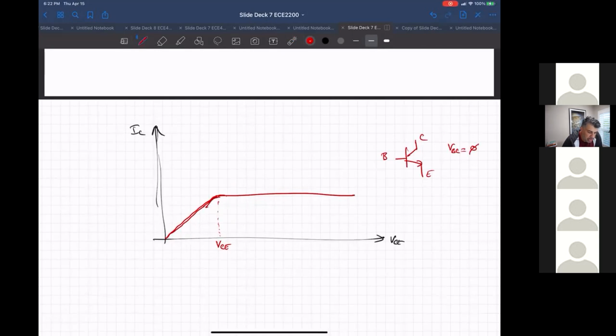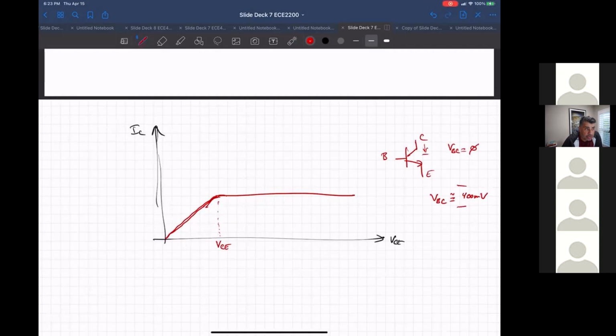It turns out that your base collector could be as much as 400 millivolts, and it'll still be okay. So this collector can dip below the base, but the more you do it, you're taking away your operating margin.